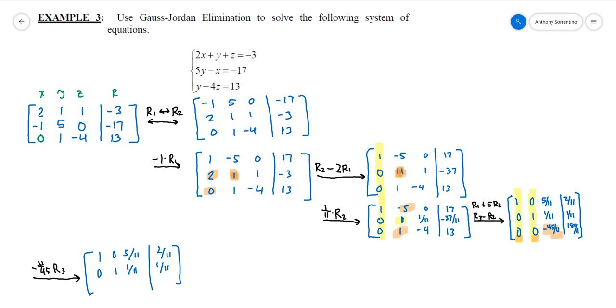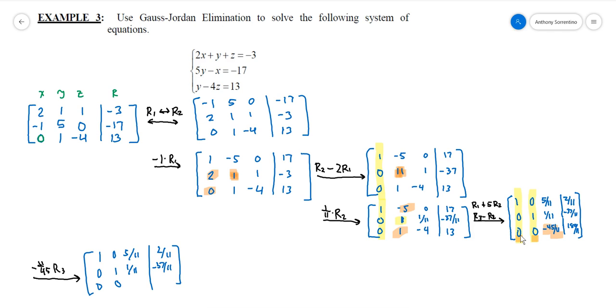I think this thing's glitching. I thought I wrote that before. And now when I get to this row, 0 times negative 11 over 45 for both of these is still going to give me zeros in those positions.